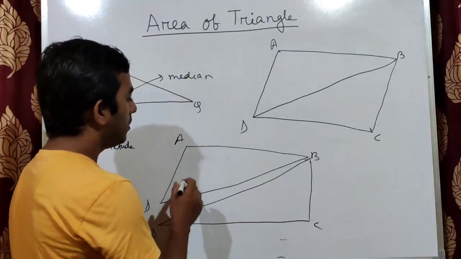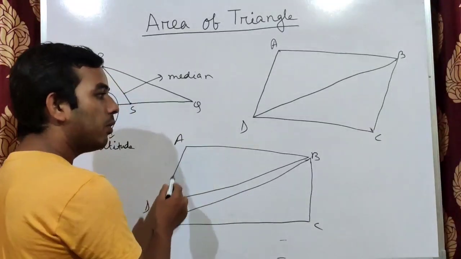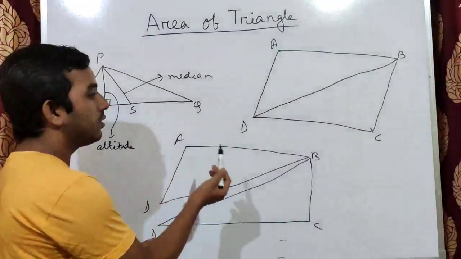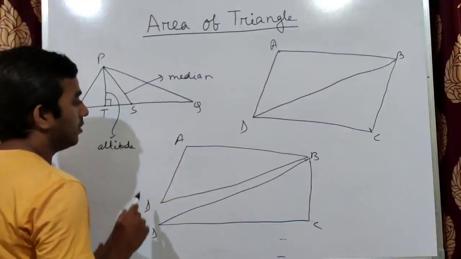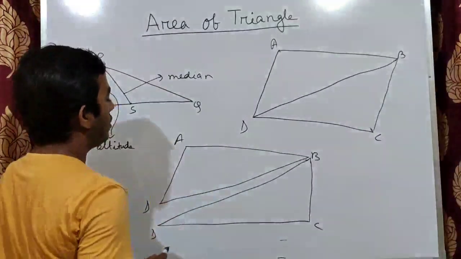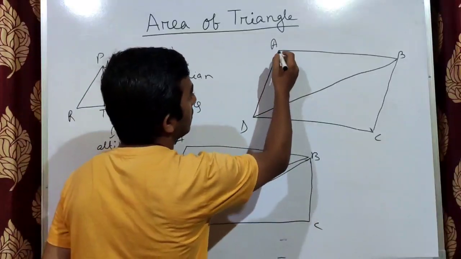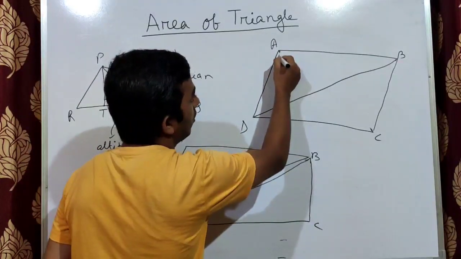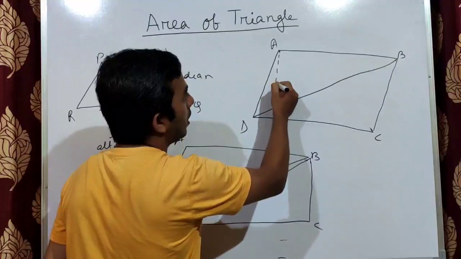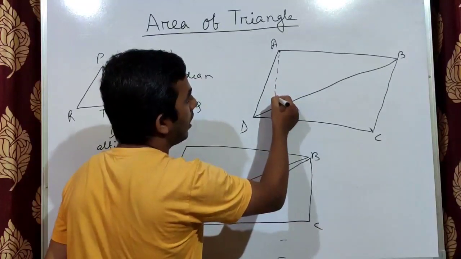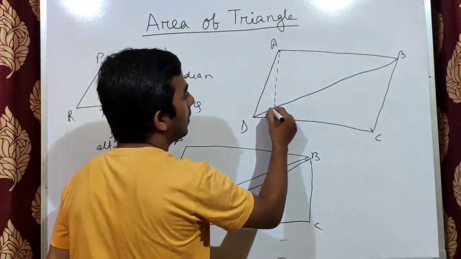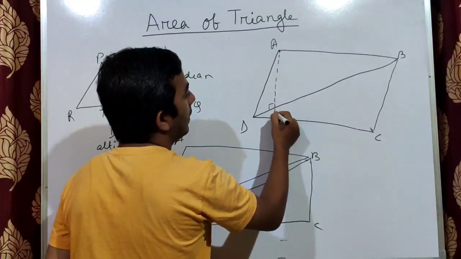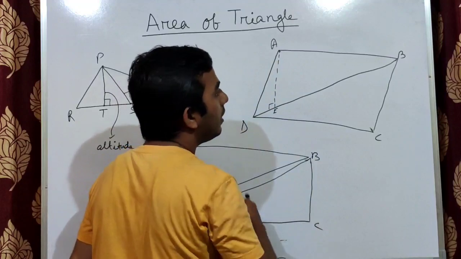Now this is in which shape? This is in triangular shape. It has three angles, three vertices, three sides. So this is a triangle. Now if we draw an altitude in this figure from A to the diagonal DB, let us give it the name AE.